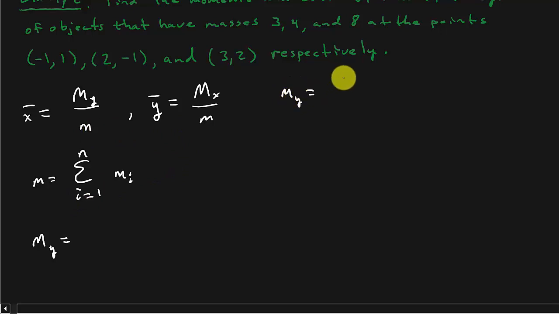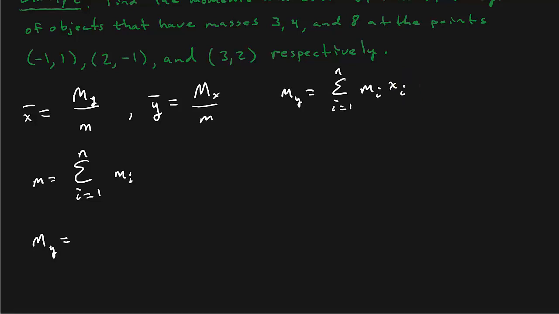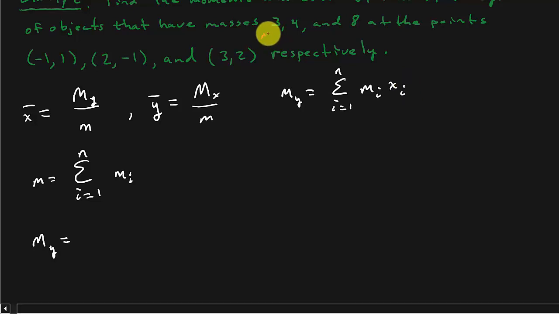My is equal to the sum, i equals 1 to n, of m sub i times x sub i. All right. So look, you see this? This is m1, this is m2, this is m3. This is x1, y1, this is x2, y2, and this is x3, y3.